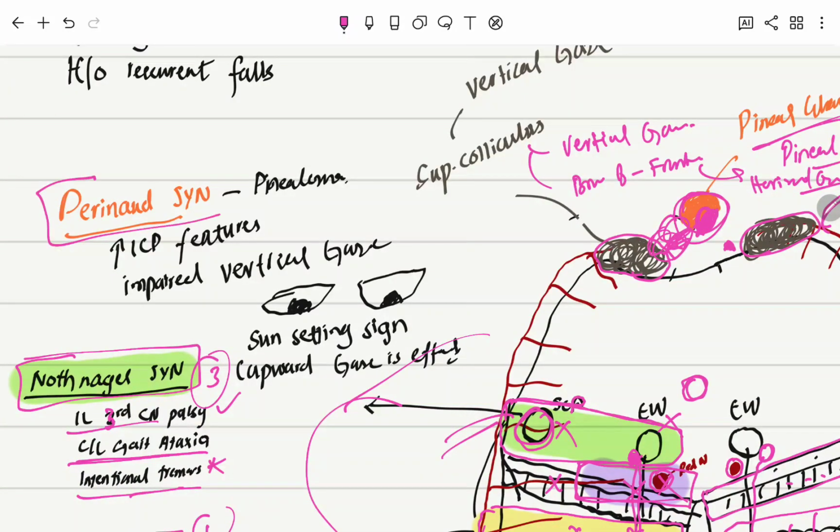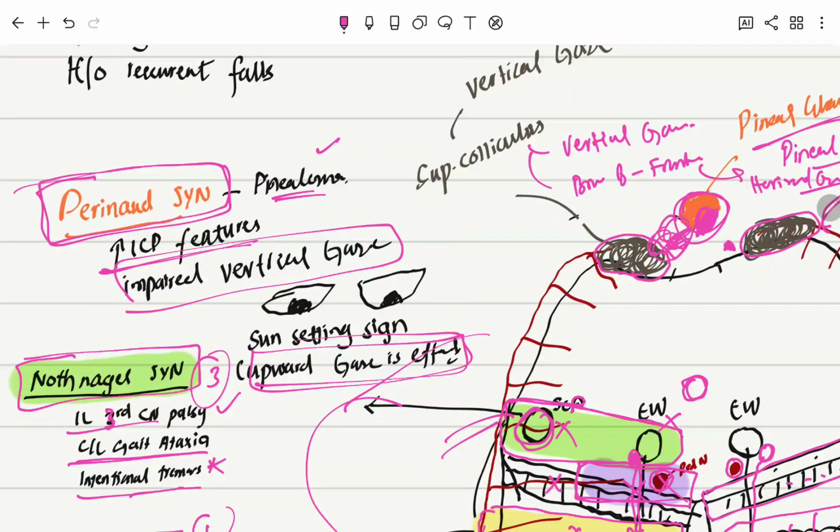So when there is pinealoma, there will be a syndrome called Parinaud syndrome. We'll have the features of raised ICP and impaired vertical gaze. Mainly the upper gaze is affected in this case, so the patient is going to have the sun setting sign, like that which we see in newborns with hydrocephalus.